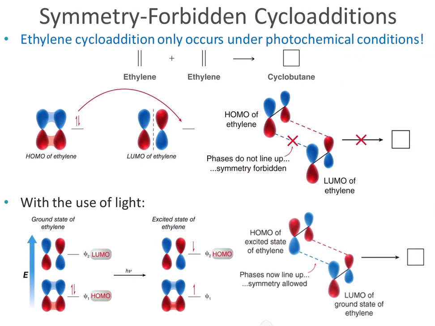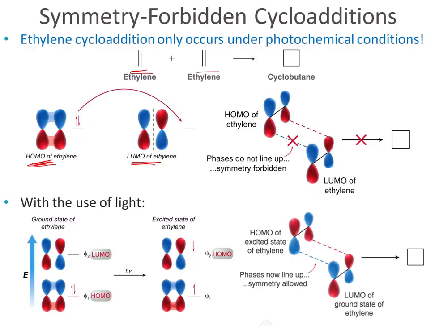Now, like I said, if we use heat, then this reaction does not occur. Now, why would that not occur? Let us take the HOMO of ethylene. If we are reacting one ethylene with the other, let's take the HOMO of ethylene and react it with the LUMO of the other, because we know that the LUMO needs to accept the electron from the HOMO.